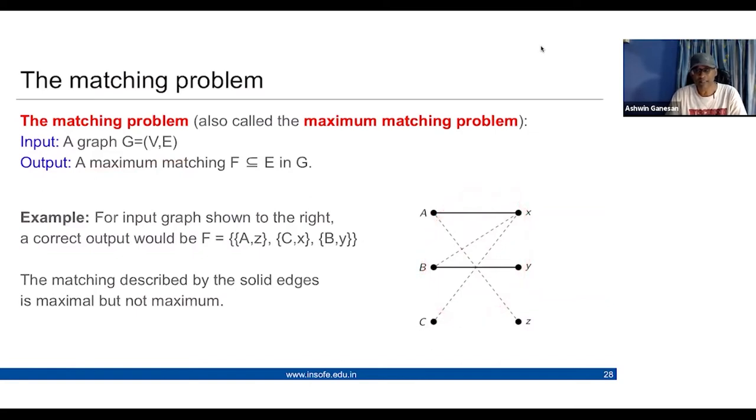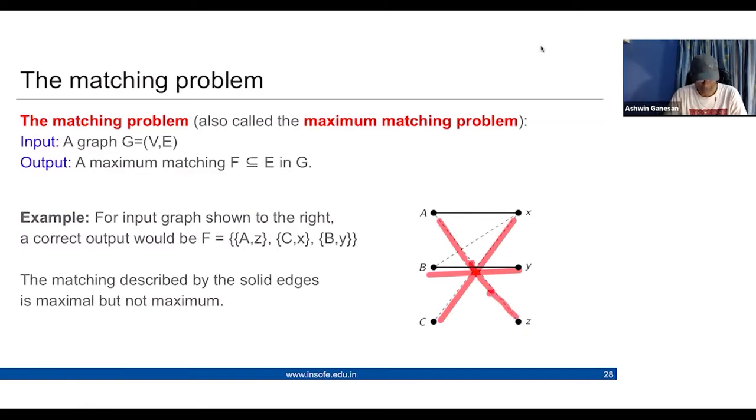It turns out that you can actually have 3 edges that still form a matching. So here you can have A getting matched to Z, C getting matched to X, and B getting matched to Y. So that's a matching of size 3 in the graph.